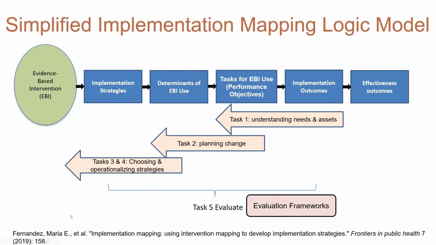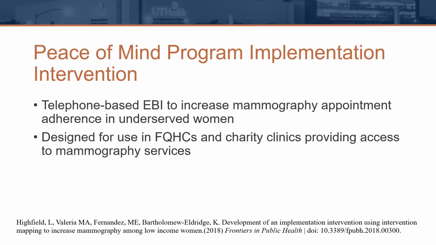So unfortunately, I believe that we're out of time, but what I am going to do is we are going to be able to share these slides with you, and we're going to be working with groups from the different countries on this process. I present in these slides this Peace of Mind program, which was a program to adopt and implement an intervention to increase mammography.